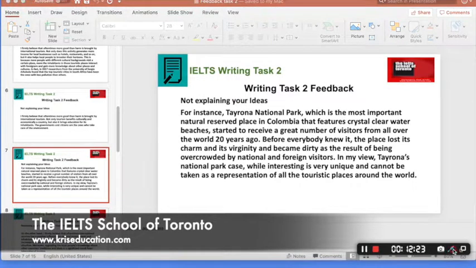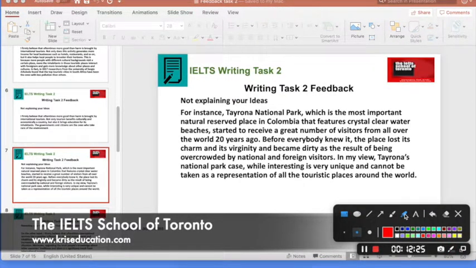The next example is another example of not explaining your ideas. And I do want you to do the same thing actually. Read the paragraph again and find which examples are not fully explained.